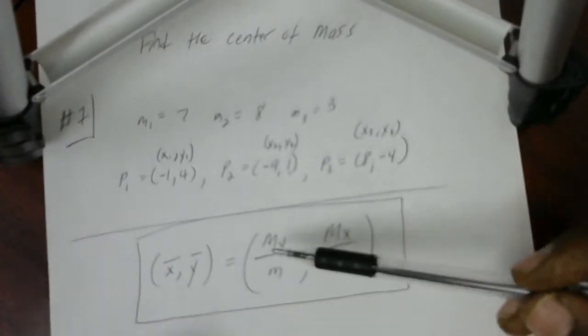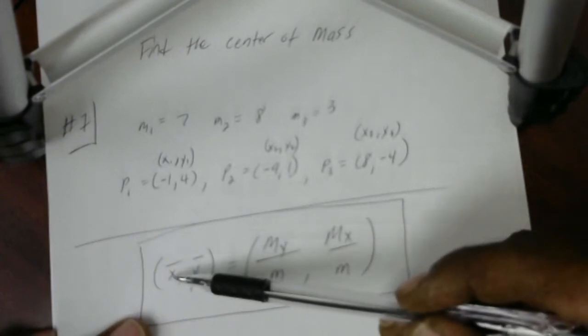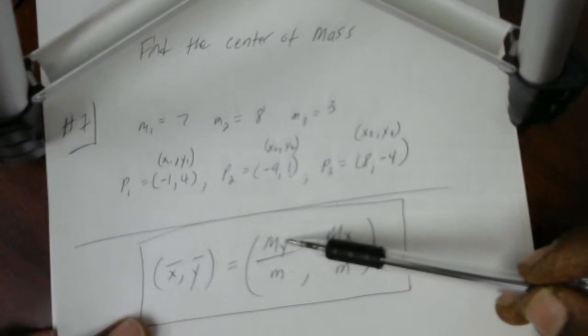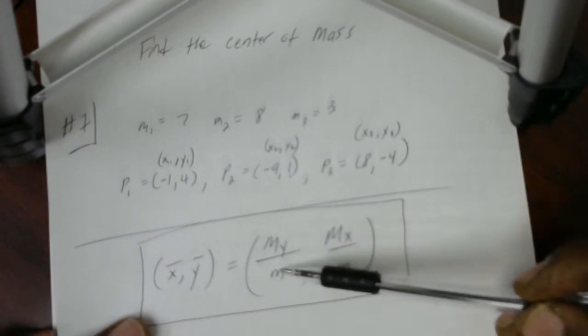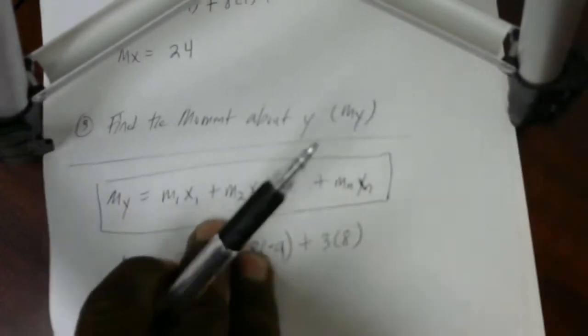Okay, so now here's where you have to be careful. Once again, notice in order to find the x coordinate, it's the moment about y divided by m. I'm going to put another step in.